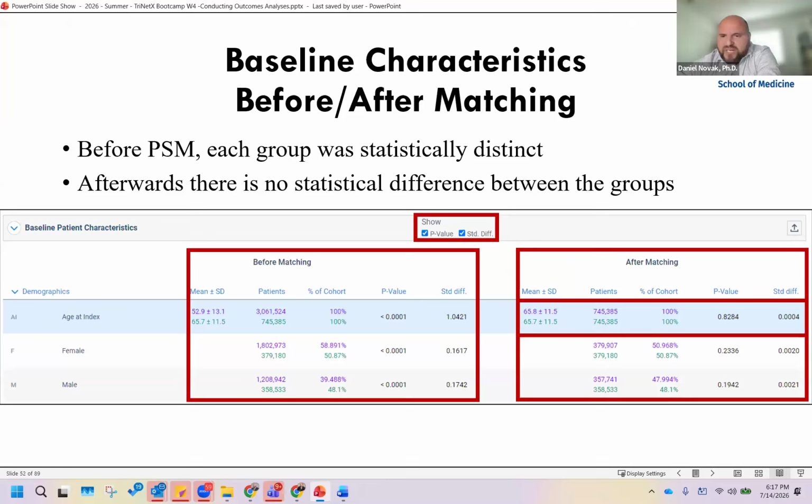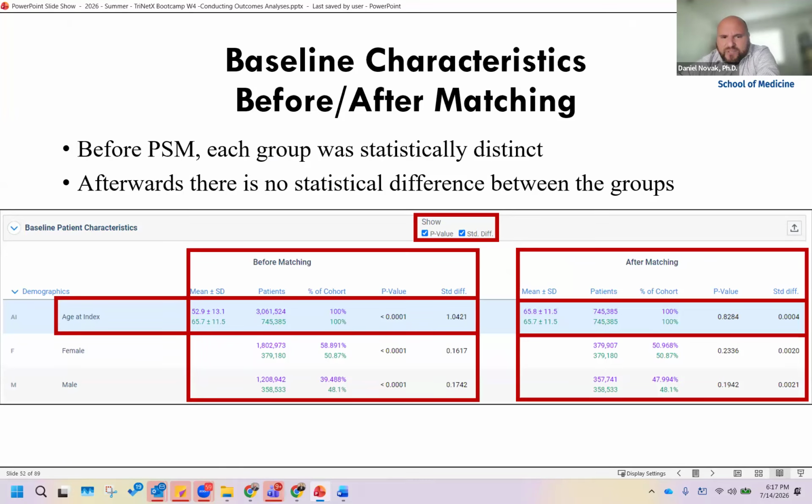and let me just point out here really quickly, when you read across this line, you'll see that the p-value before matching was statistically significant, which is bad. That means there was a statistically significant difference between the 2 groups and their distribution of ages, and that their standard difference was over 1, which means they are very, very statistically significantly different. After matching, TriNetX was able to match them with people who are pretty close in age, such that their p-value, the difference between the 2 groups, is not statistically significantly different.